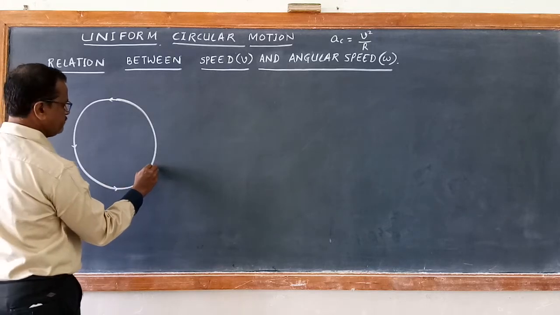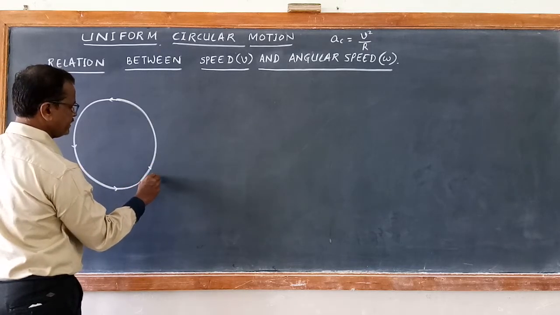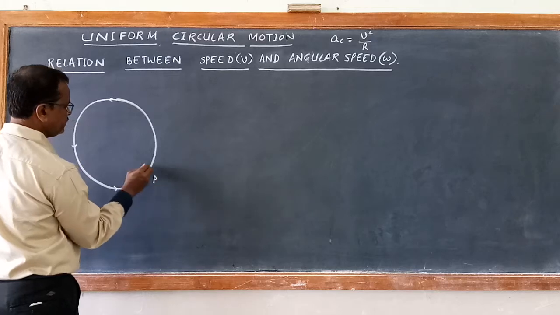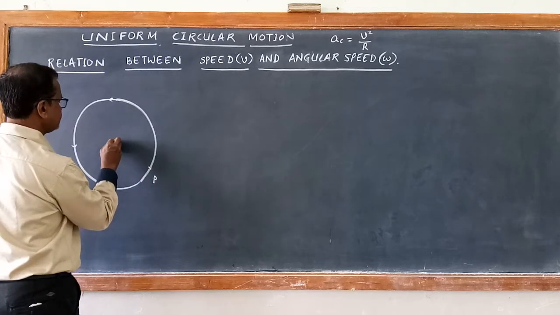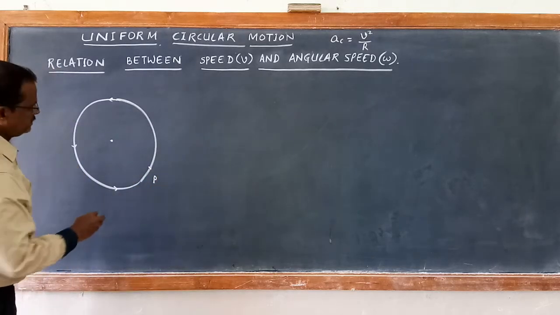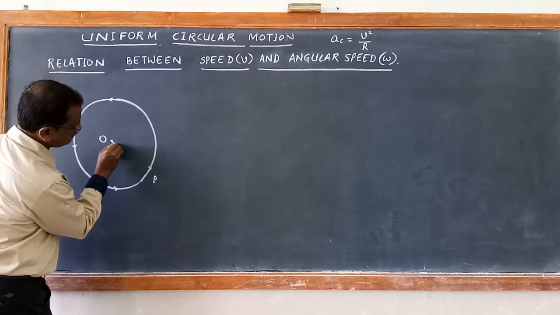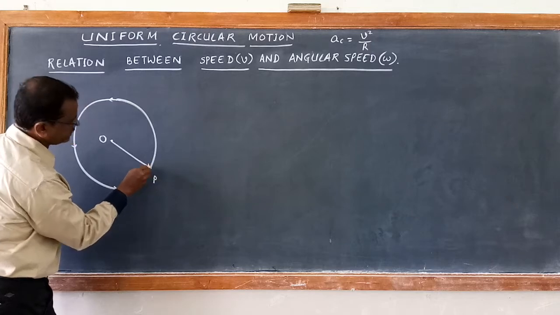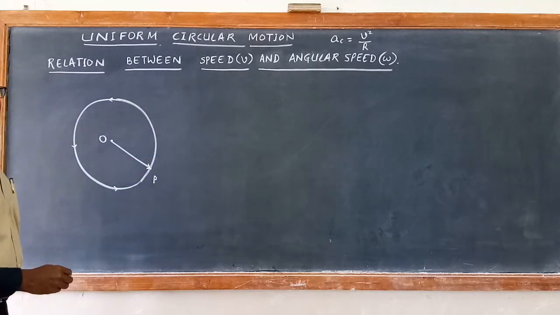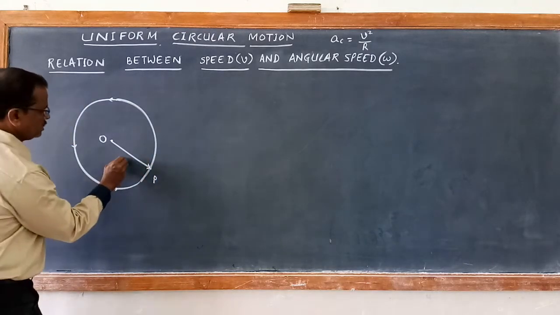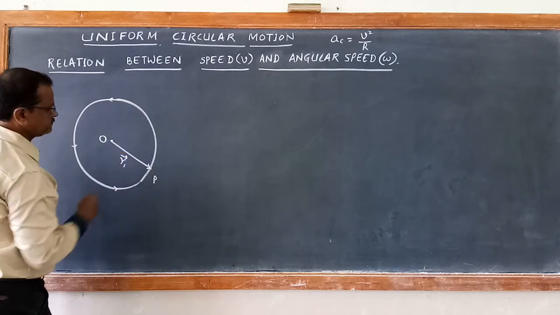Suppose it has started from point P at time t equal to 0, and O is the center of the circular path, as we have taken earlier. The initial position of the particle is the position vector r1.